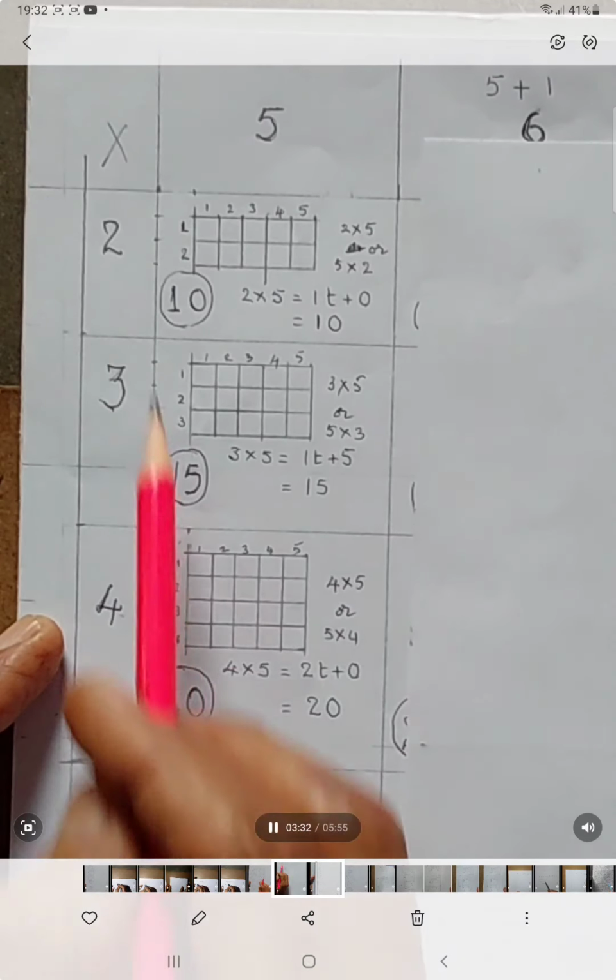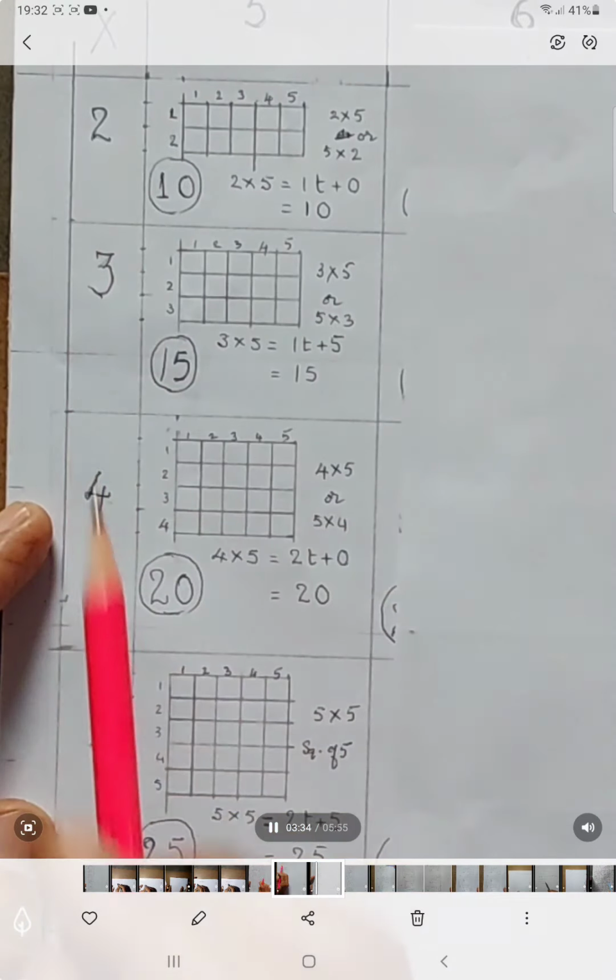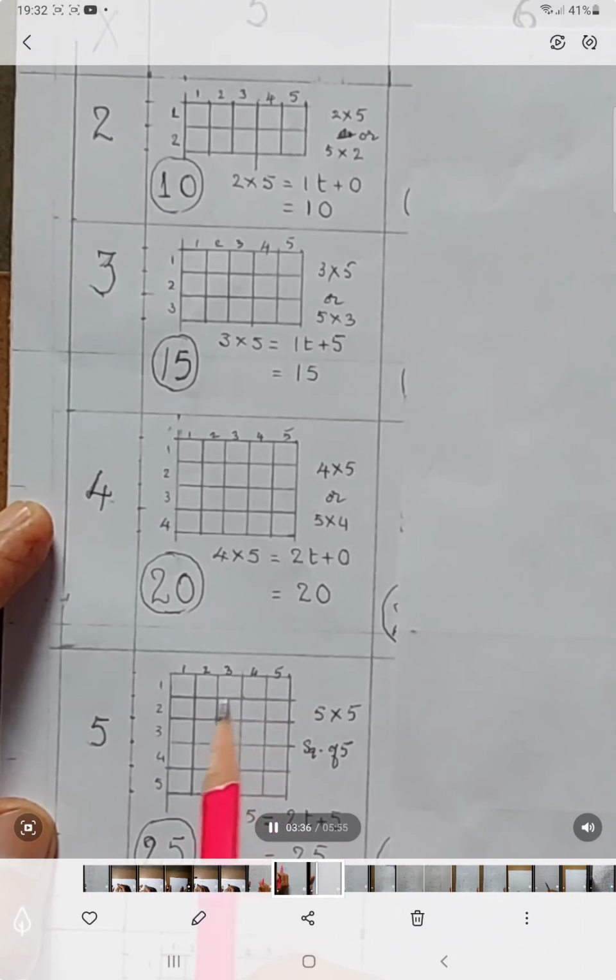Then 5 times 5. Okay, so we have 5 rows, first row, second row, third row, fourth row, and fifth row. And then 5 columns exactly.